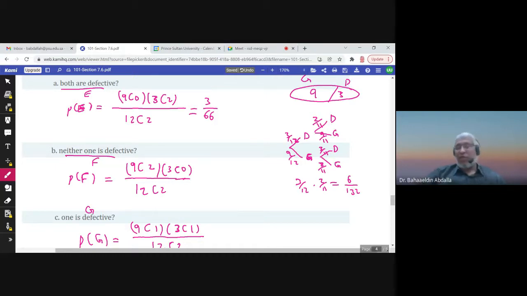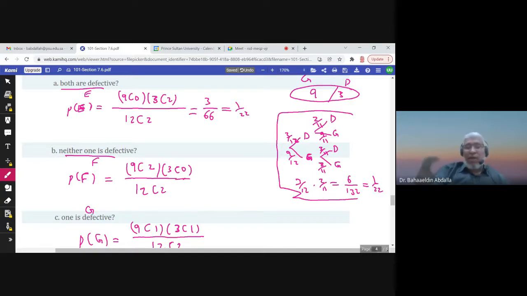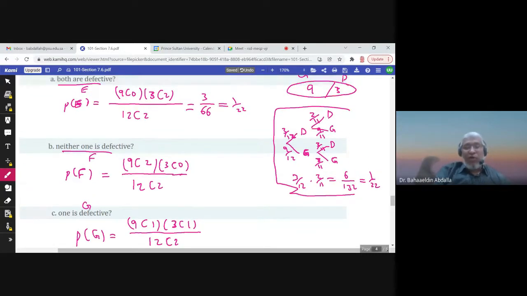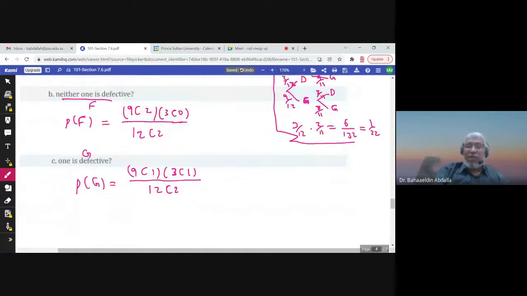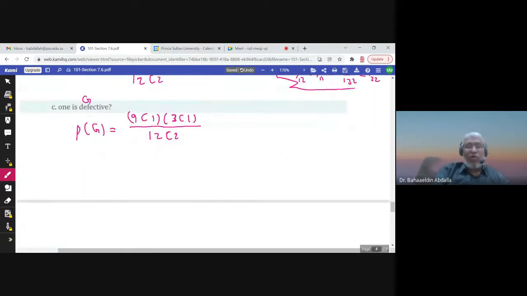In fact, it is 1 over 22, and this is 1 over 22. Okay, so you can solve this question by the tree diagram. It's a nice exercise for you. You can continue to find B and C also using the tree diagram, or you use this method.